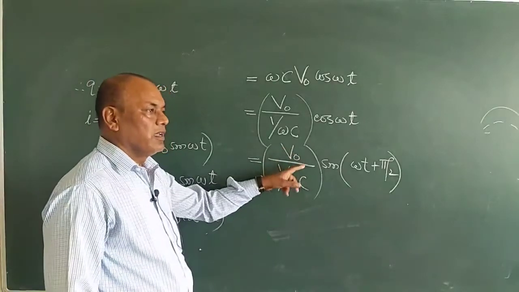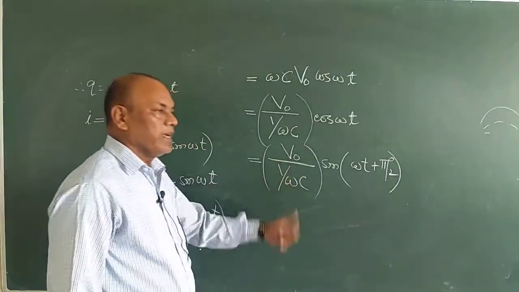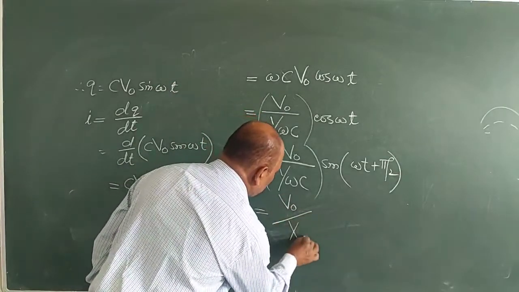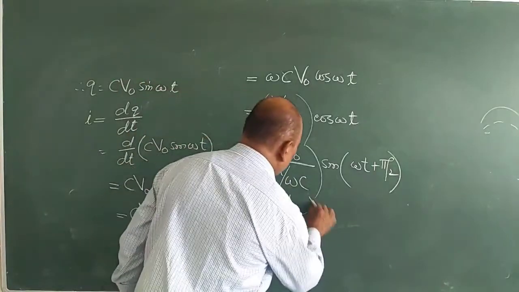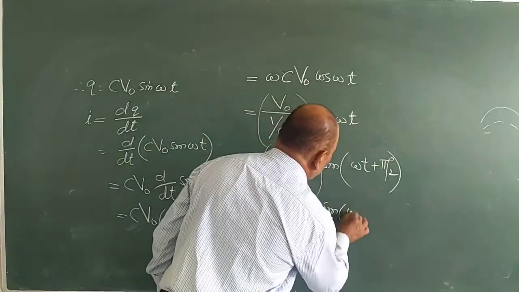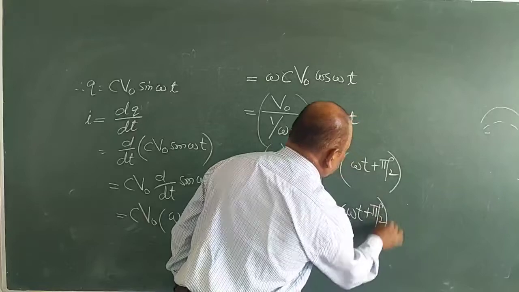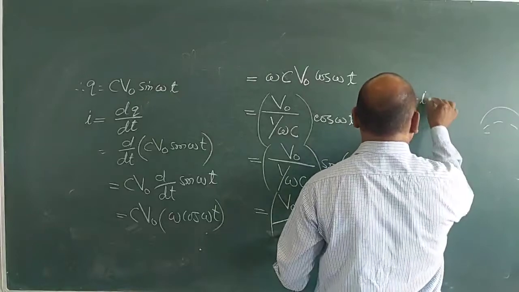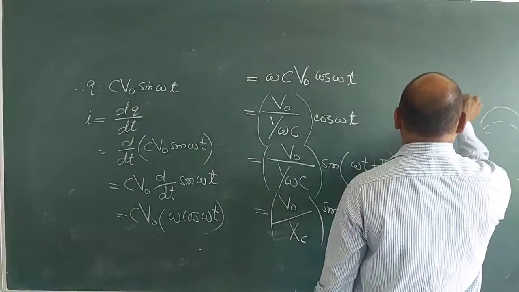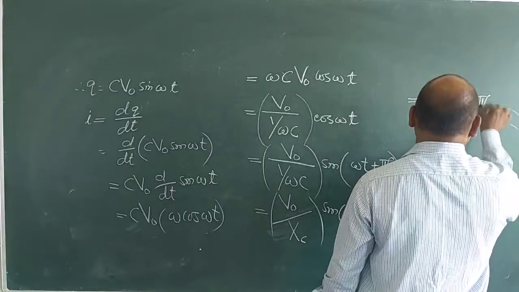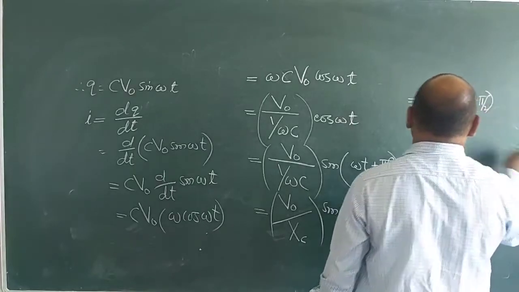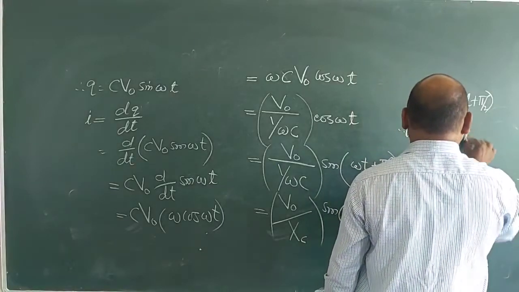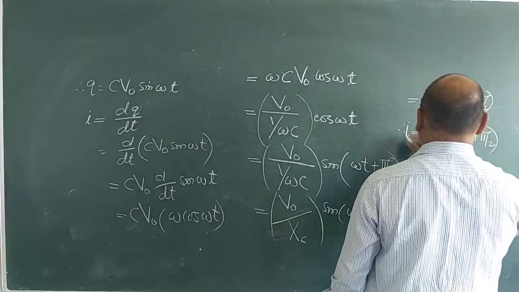Now here, what is this 1 by omega C? This is called XC, so it becomes I0 sin omega t plus pi by 2. Therefore, I is equal to I0 sin omega t plus pi by 2.